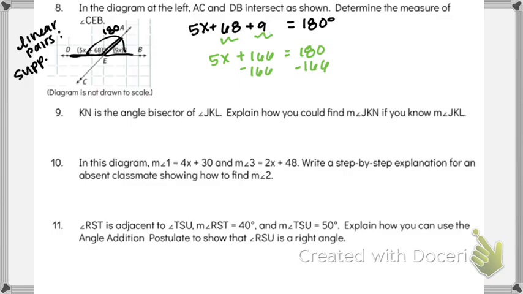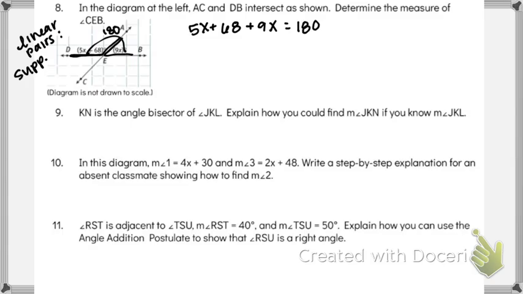This should have been 9x. Let's try this again. We have 5x plus 68, and then we have 9x, equals 180.